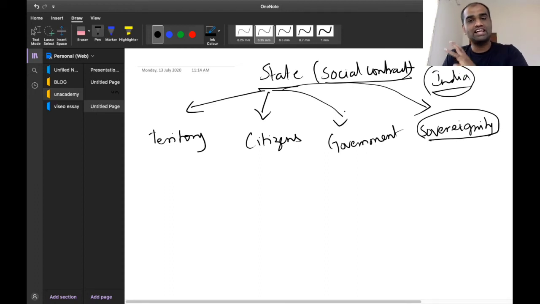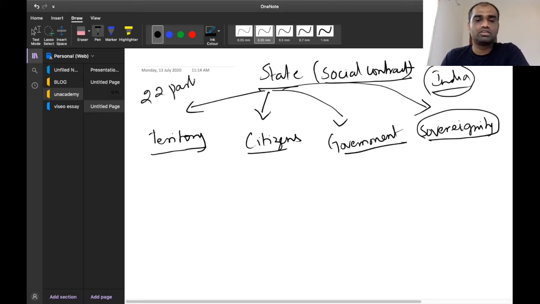Now, if you look at the classification of the Indian Constitution itself, our Constitution has been classified based on these criteria. In our Indian Constitution, there are 22 parts. Now, these 22 parts have been classified based on the requirements of the social contract. Take a look at Part 1.